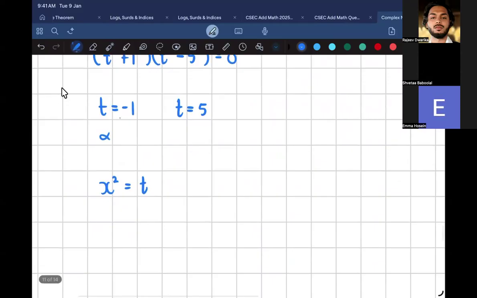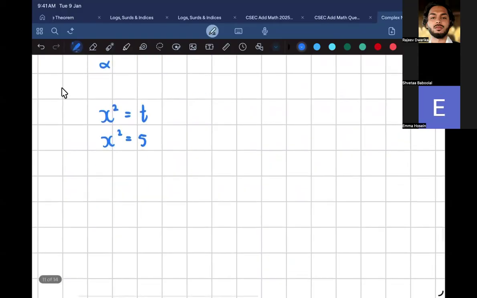So if you go to find x using t equals minus 1, it's going to be imaginary. That can't work. We can find for this one though. So x squared would be equal to 5. And anytime you find square roots, how many solutions are you going to get? 2, plus or minus. So x is equal to plus or minus root 5. We okay with that?